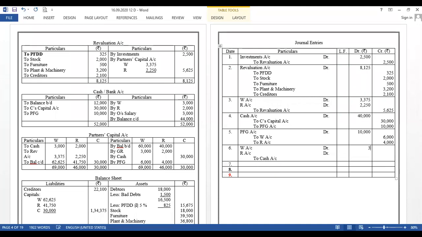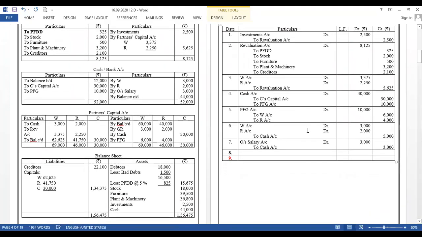Half the amount was withdrawn, so 3,000, 2,000 and total is 5,000. Correct. We were also having one adjustment for salary, outstanding salary paid. Let us write that. Outstanding salary account will be debited to cash account. So we are done with revaluation account, we are done with cash account.